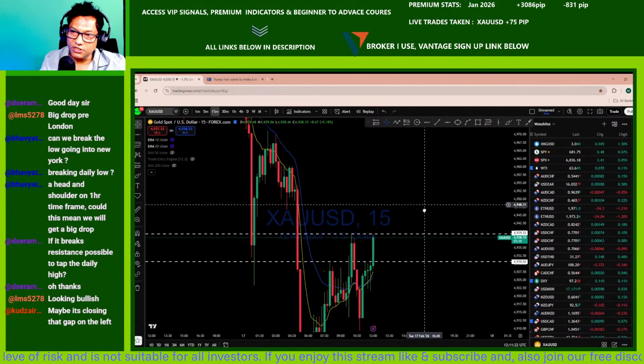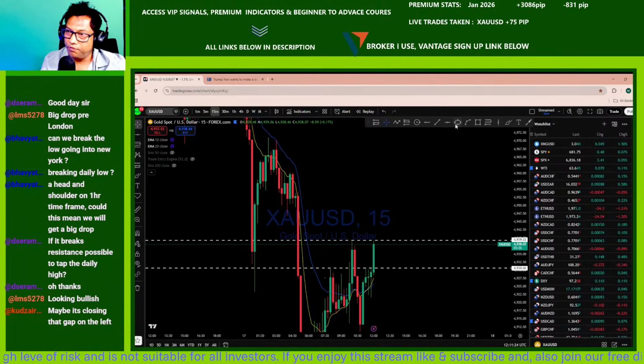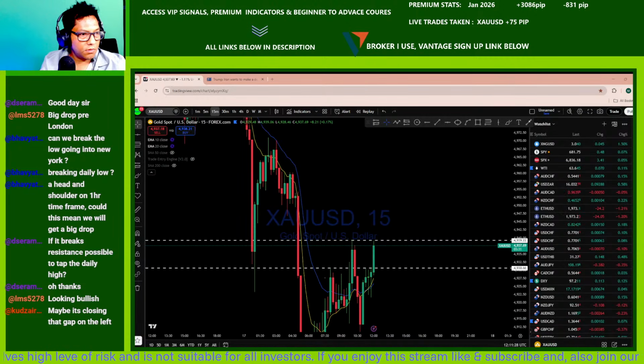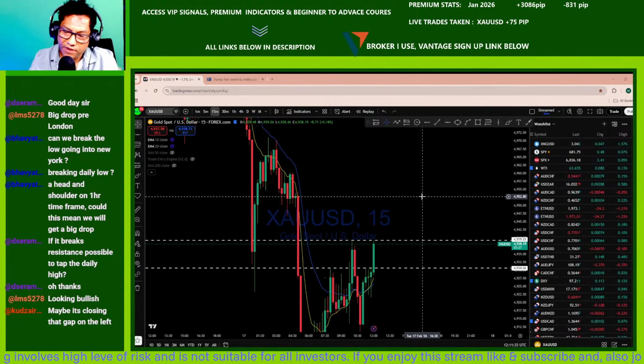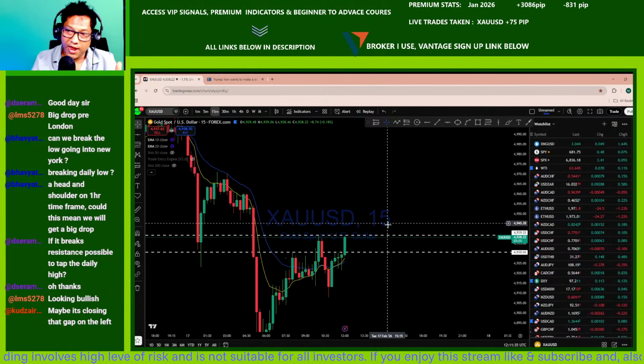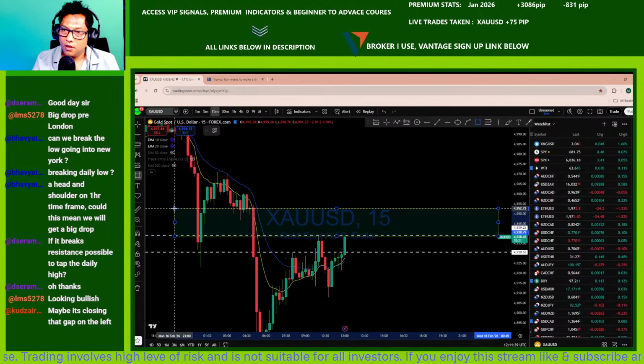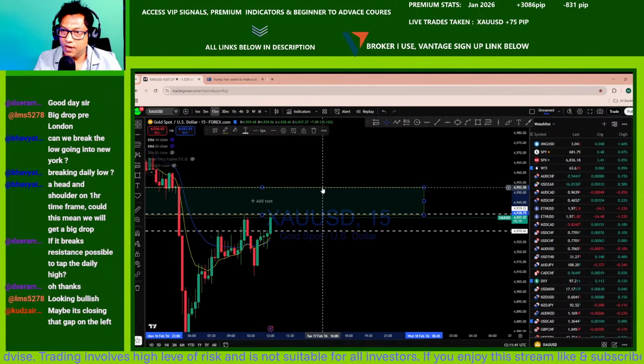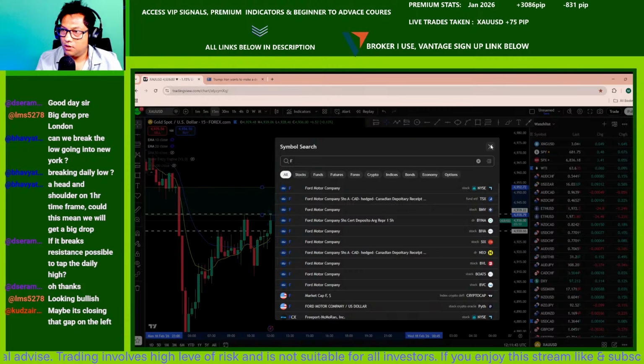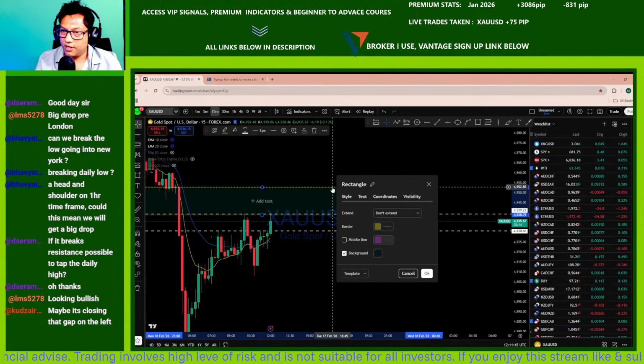Now we see that this is a breakout and there is a fair value gap. See, here is the fair value gap, and with that fair value gap, this is a fair value gap, and I would like to mark it here.